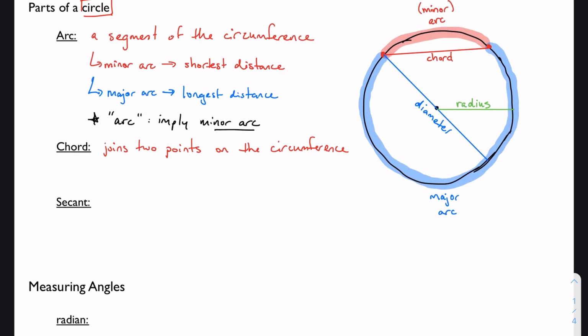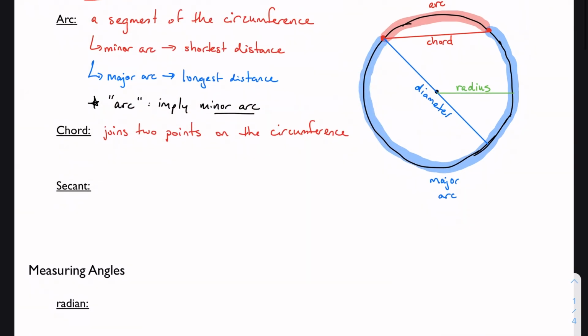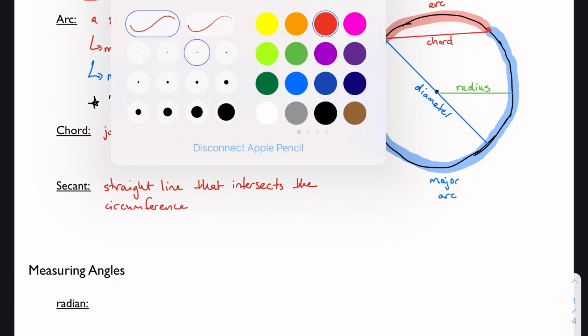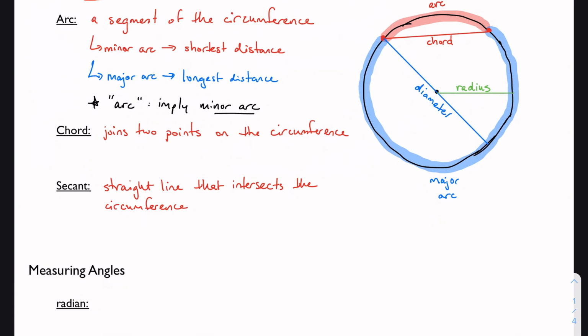And then, of course, a secant, one more word here. A secant is a straight line that intersects the circumference. So maybe I have some kind of a line that intersects the circle, the circumference of the circle, in 2 different places.